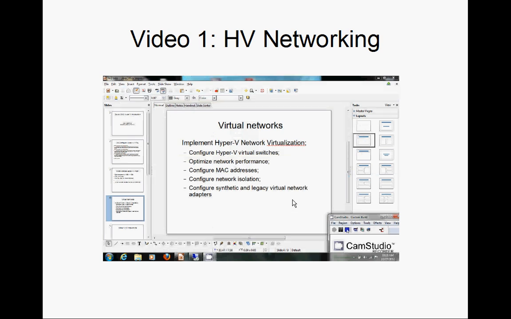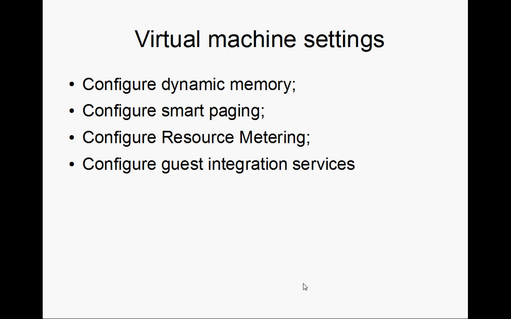Next, we have virtual machine settings, which are configuring dynamic memory. When the machine starts up, how much memory does it get? Does the Hyper-V server then monitor it to figure out how much memory it actually needs? Smart paging lets you reboot a running server when there is physically not enough memory for the amount of memory that's been allocated to all of the virtual machines.